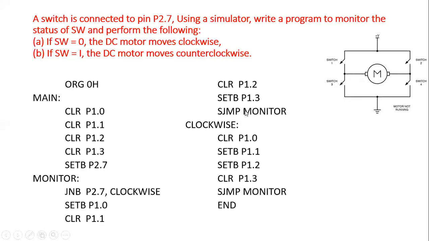Again, we go back to the switch condition and continue to monitor whether the switch is 1 or 0. So by using a simple H bridge, we can easily control the direction of the motor rotation, either clockwise or anti-clockwise.